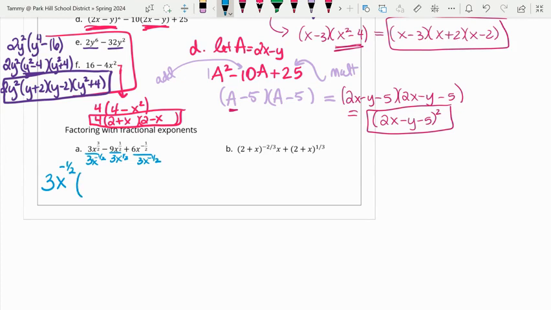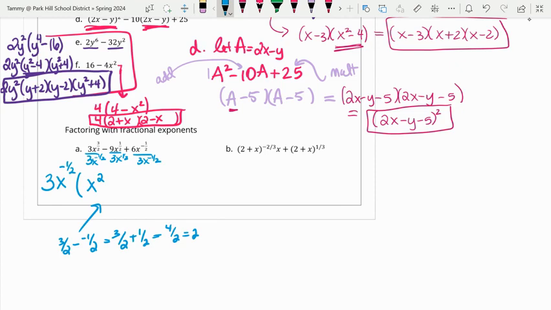So when I divide, I see what's left over. 3 divided by 3 is 1. And then I take 3 halves minus negative a half. So 3 halves minus negative 1 half would be actually 3 halves plus 1 half, which is 4 over 2 or 2. So this is an x squared left over. So I'm subtracting the exponents.